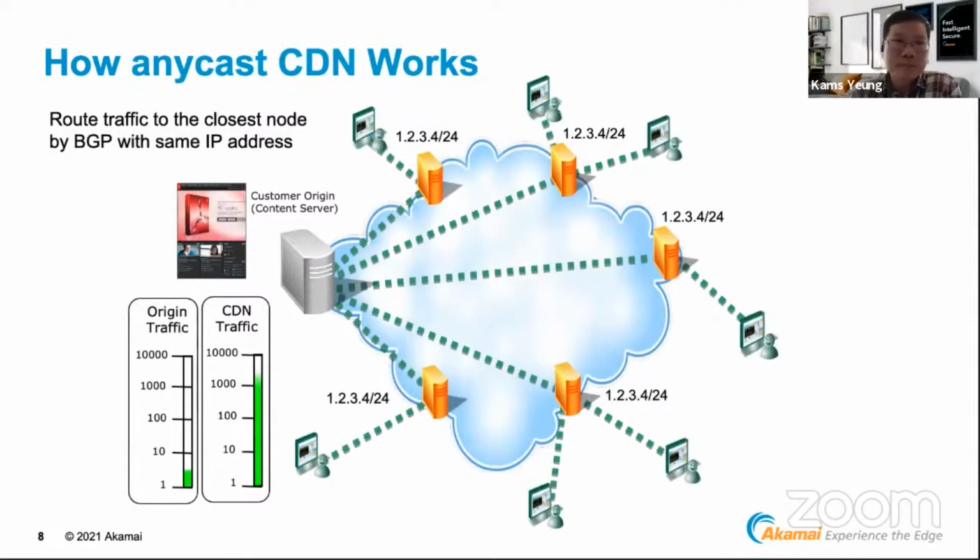So as I mentioned, there's Anycast. You can see that the orange boxes are the cache servers, and we have a lot of users. They all have the same IP address, so they advertise the same IP block to the public internet. The end user will just route to the closest node by Anycast.